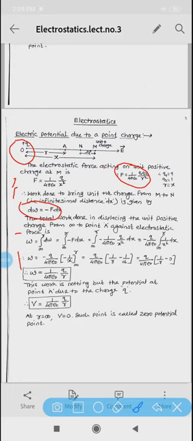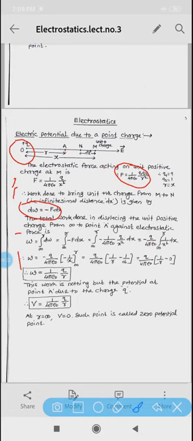This work is nothing but the potential at point A due to the charge q. So V is equal to 1 upon 4 pi epsilon 0 q upon r.